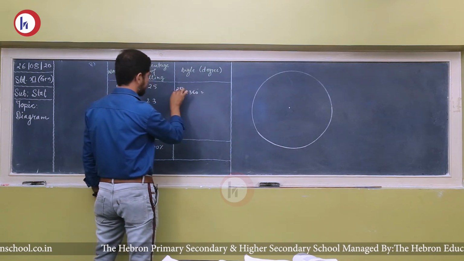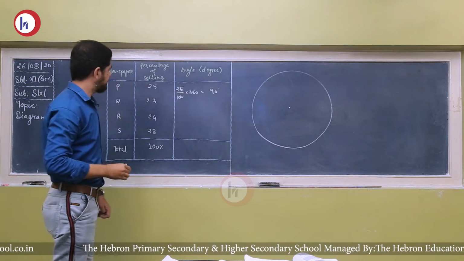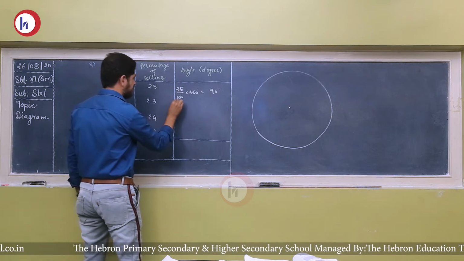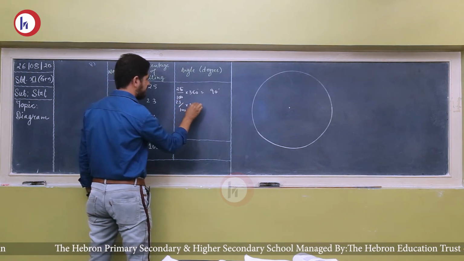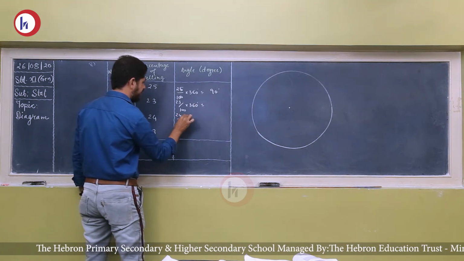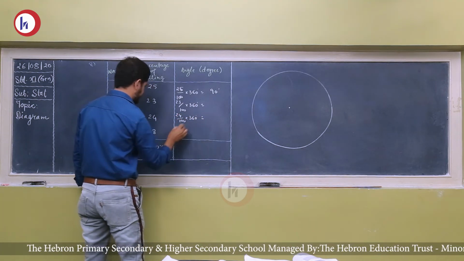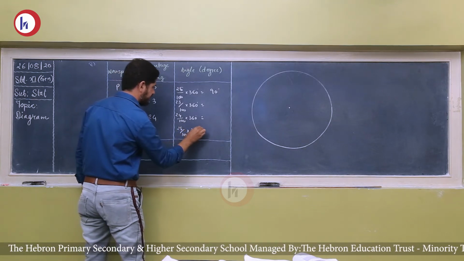So it is basically the fourth part. So 90 degree is given. The second one, so 23 divided by 100 into 360. Next one, 24 divided by 100 into 360. Next one, 28 divided by 100 into 360.